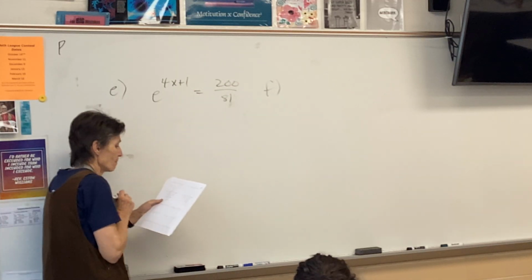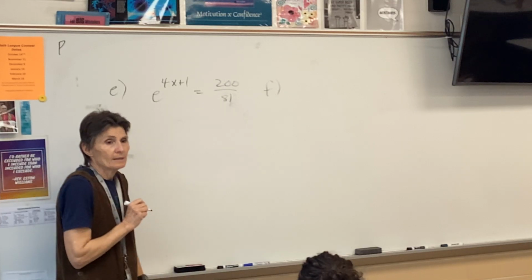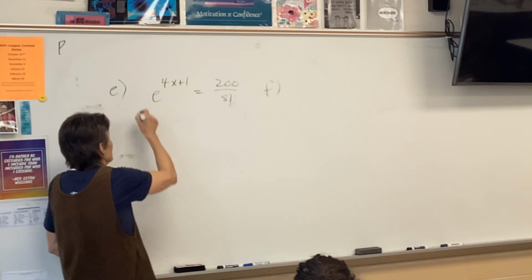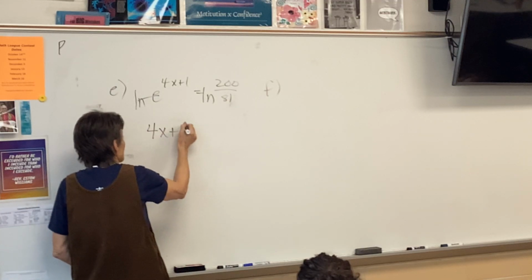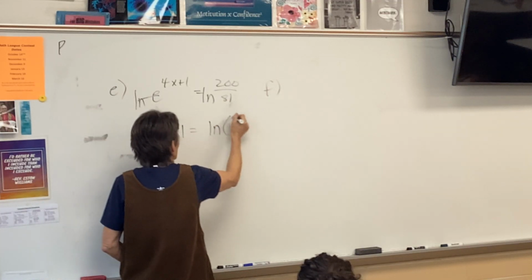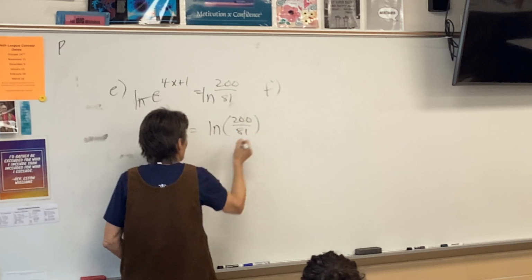Obviously, we're going to start by dividing by 81. We'll take the natural logarithm of both sides, so 4x plus 1 equals ln 200 over 81.